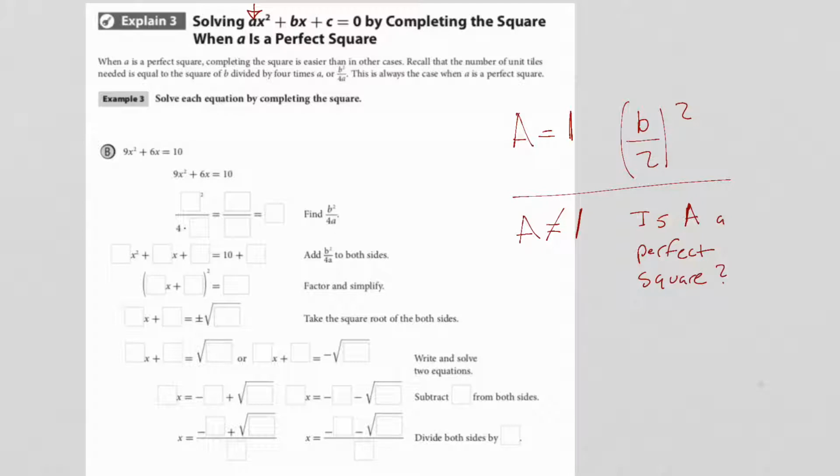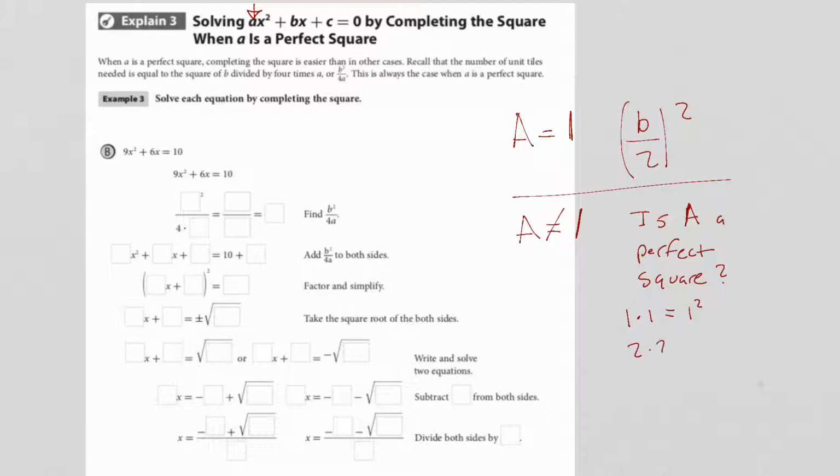And we have to ask that question. And what do you mean by perfect square? Well, 1 times 1 is 1 squared. So that's a perfect square in a sense with 1. But we're talking about when a is not 1 and if it's a perfect square.